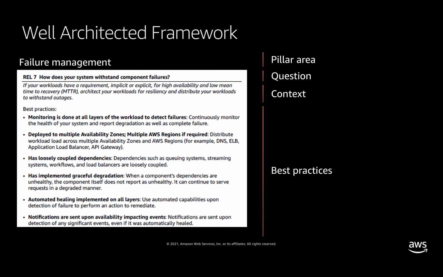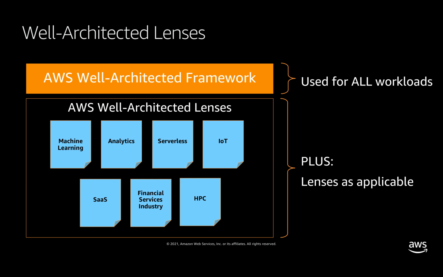So this is a very brief introduction into AWS Well-Architected, but where does the machine learning lens white paper fit in? Before using a lens white paper, it's really important to understand that broader AWS Well-Architected Framework because, as I previously mentioned, it is intended for use by all AWS workloads.